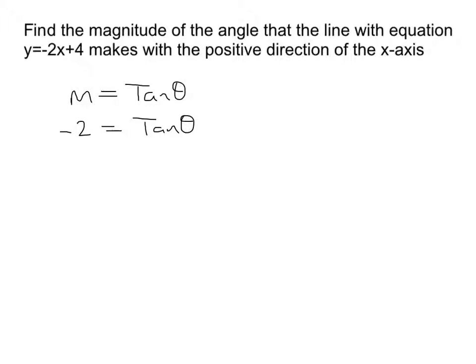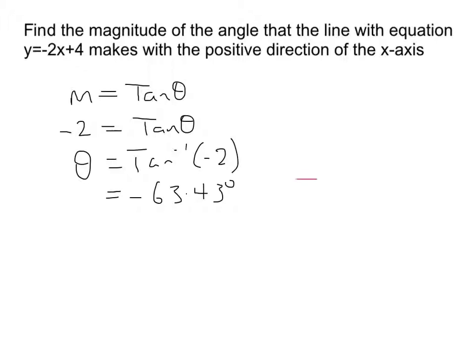So we'll rearrange this to find theta is equal to tan inverse of negative 2. Punch that into the calculator and you'll end up with negative 63.43 degrees.